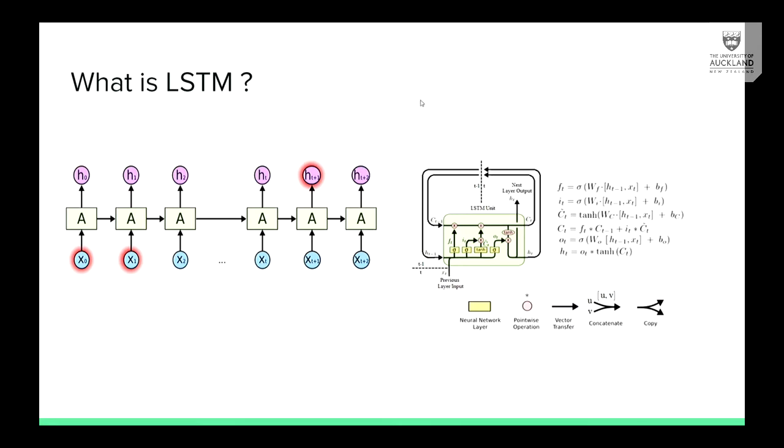The idea was you have an input, and then you have some gates. This is like one cell, an intelligent cell. Inside this cell there are three gates: the forget gate, the continue gate, and the input gate.